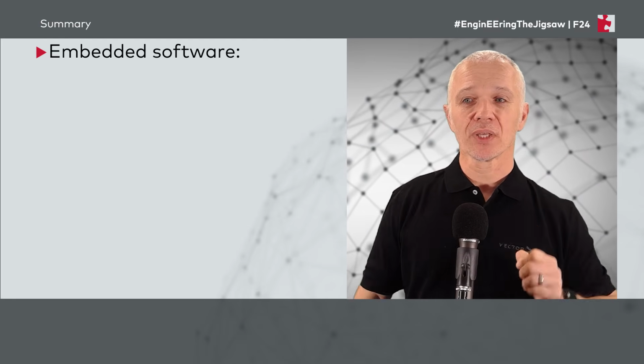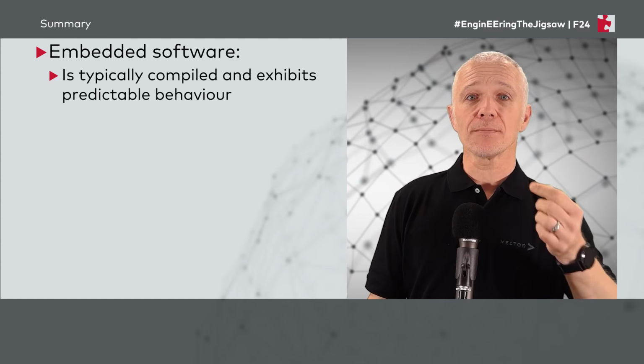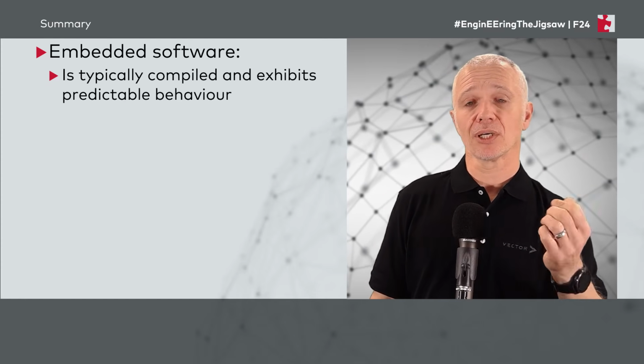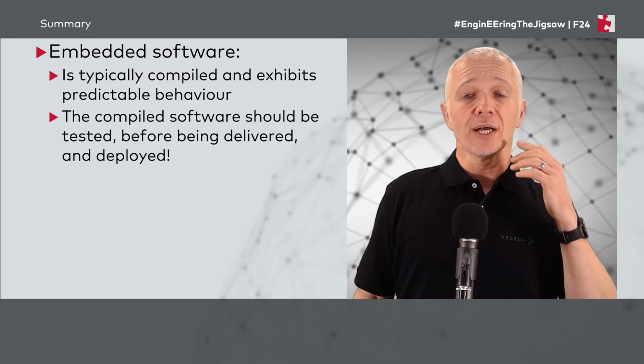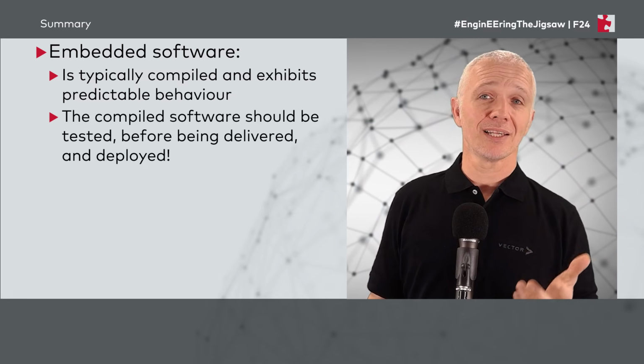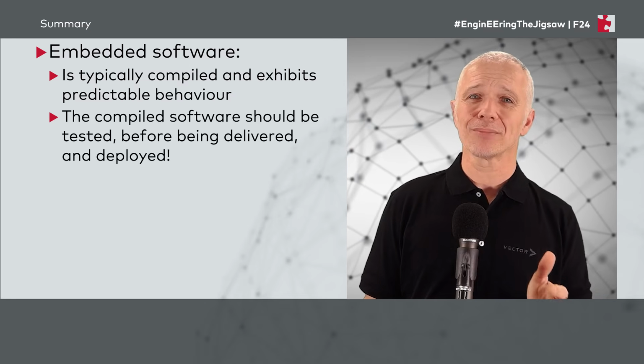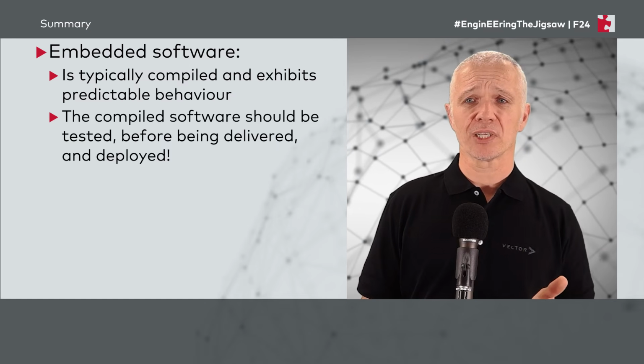So as a summary, embedded software is typically compiled and exhibits deterministic or predictable behavior. The compiled software should be tested before being delivered and deployed. Really important. Please don't forget to test your software before you deliver it and deploy it.